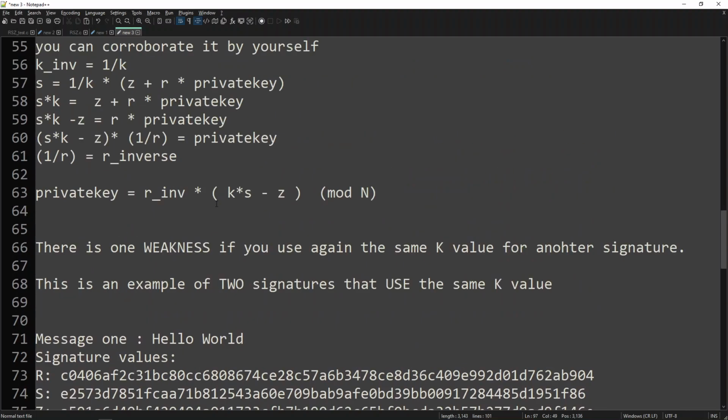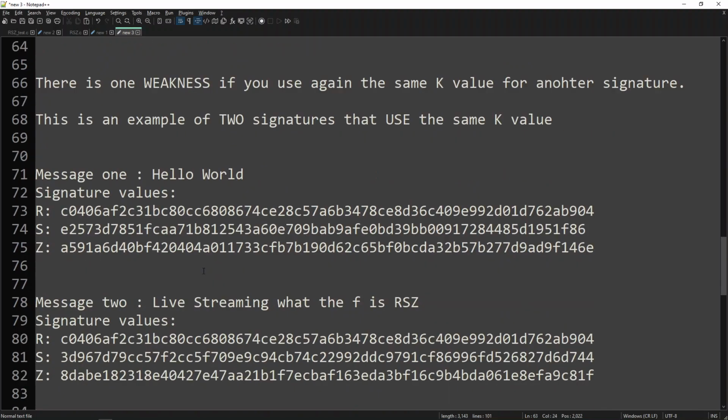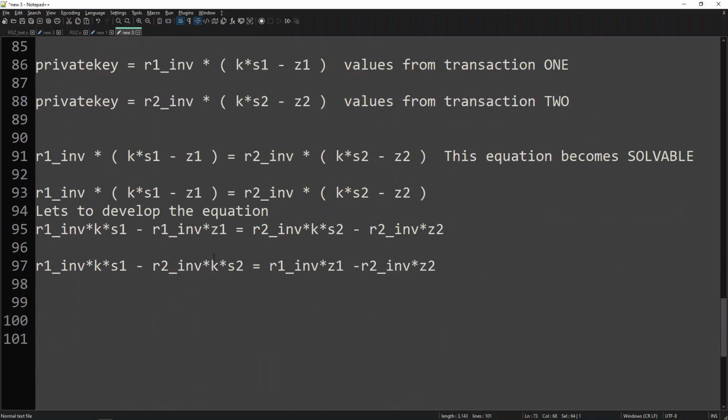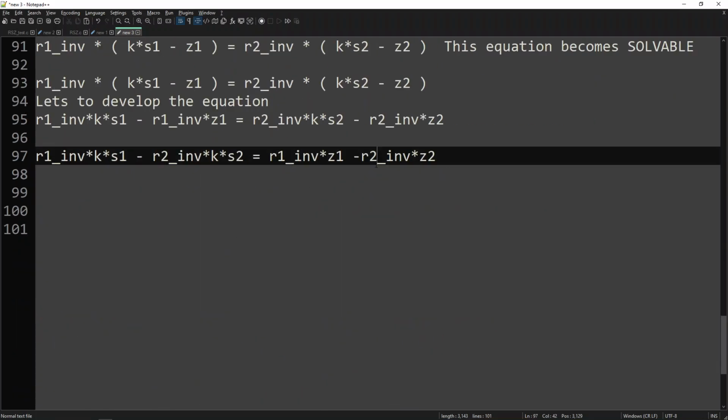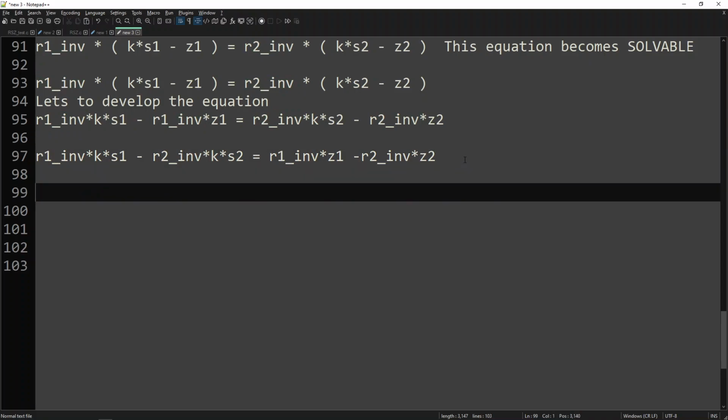If we use the same k value in both signatures, the R value is the same for those equations. So this value is the same as this value. So we can simplify.